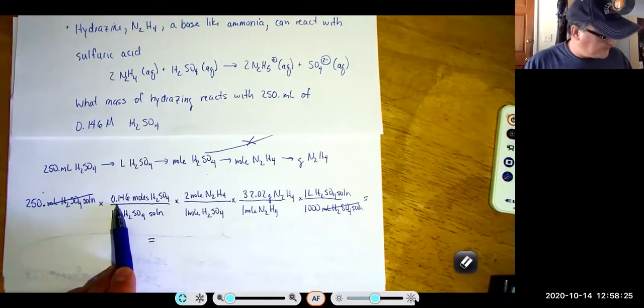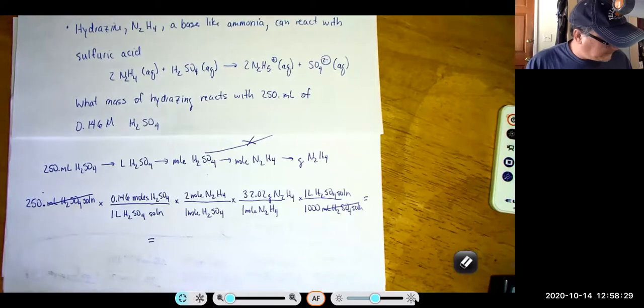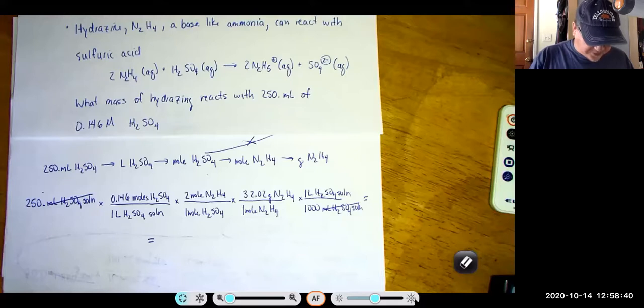So 2.1 is our answer. Let's see what we get. 250 times 0.146 times 2 times 32.02 divided by 1,000.